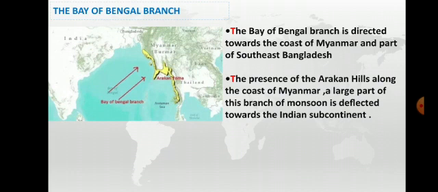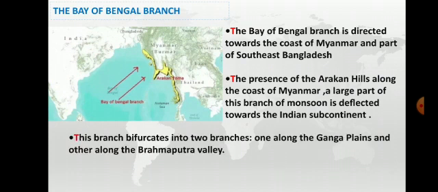Here you can see the presence of the Arakan Yoma hills along the coast of Myanmar. As a result, a large part of this branch of monsoon is deflected towards the Indian subcontinent. So it's a benefit to us, isn't it?